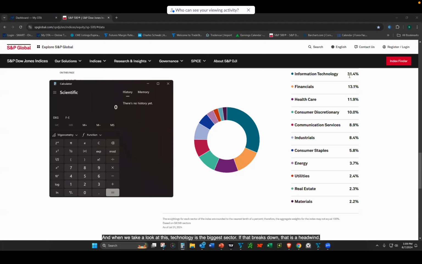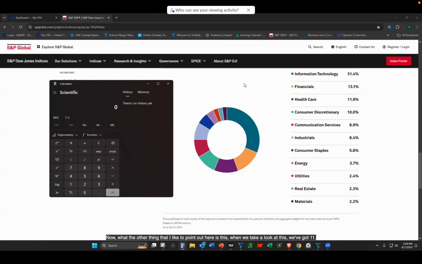If that breaks down, that is a headwind for the S&P 500. Everything else could be going up, but if you have a situation where information technology is declining, one, that could be a canary in the coal mine. Two, it could mean that even if we don't break down, the market is not going to perform the way that it was when information technology is actually doing well.